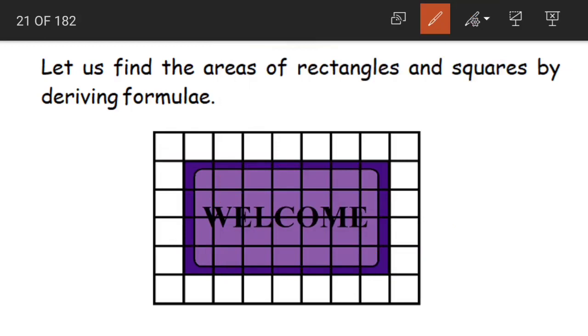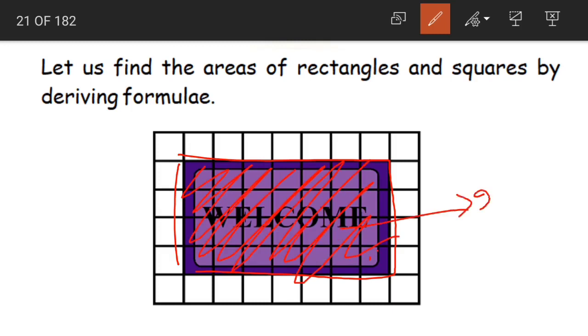It is very simple, children. Perimeter is just adding the boundary lines or the length of the sides of a given figure, but area is actually the total amount of surface that is covered by the given object. Now this welcome mat here is covering a total area of 28 square units. It is occupying 28 squares here.